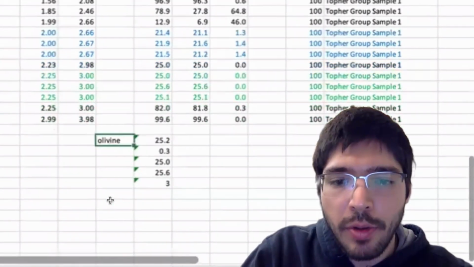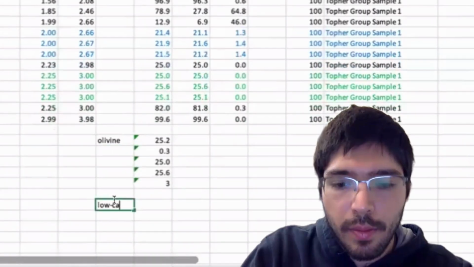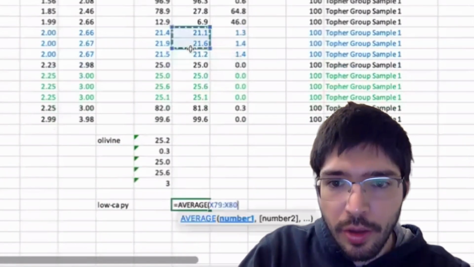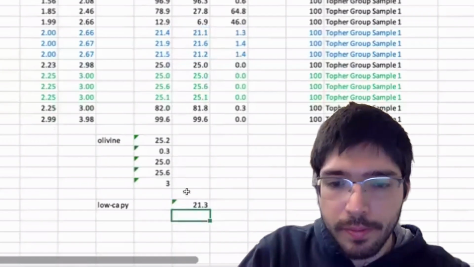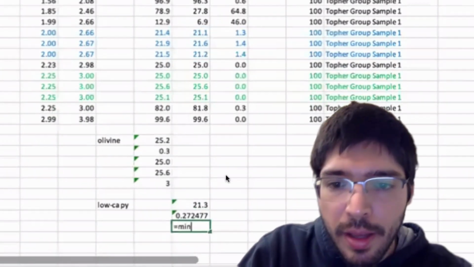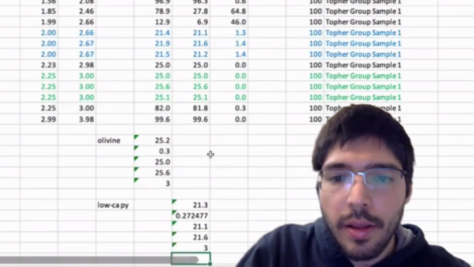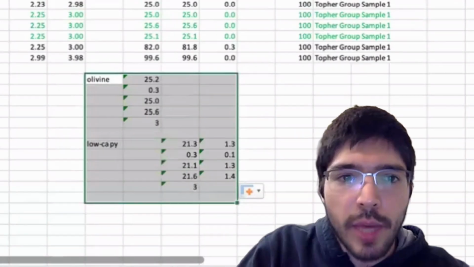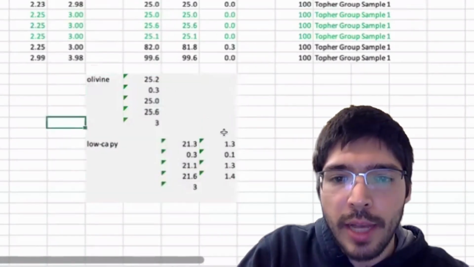And then I would do the same for the low calcium pyroxene. So you can see there's a lot of processing involved with this. And I do have a few shortcuts for speeding things up so it doesn't take too long. So we have the olivine fayalite, we have the pyroxene ferrosilite and wollastonite values right here.